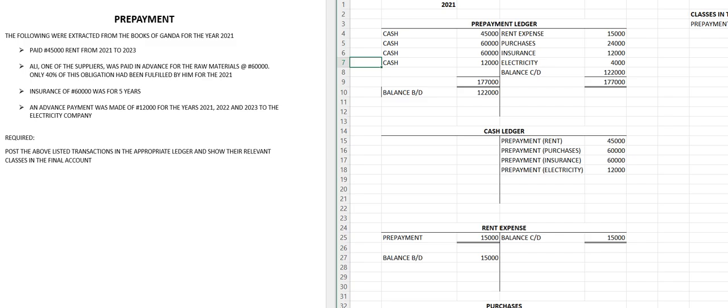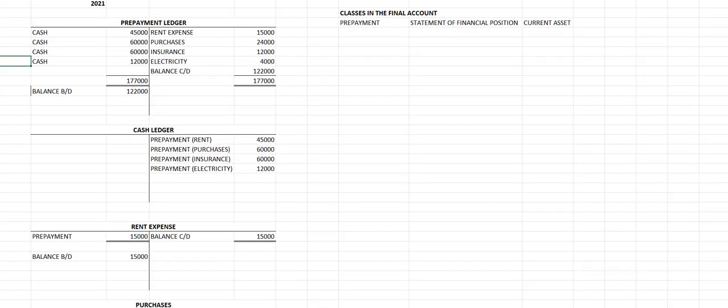Let's go to cash. What item is cash? Cash is an item under the statement of financial position, and it is also a current asset item. The next one is rent.